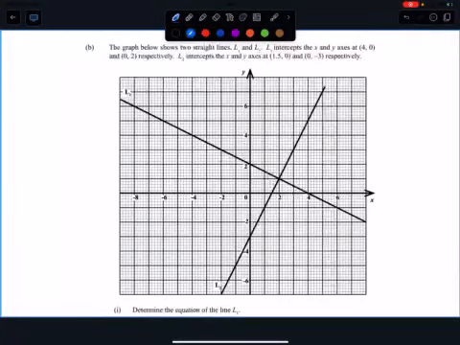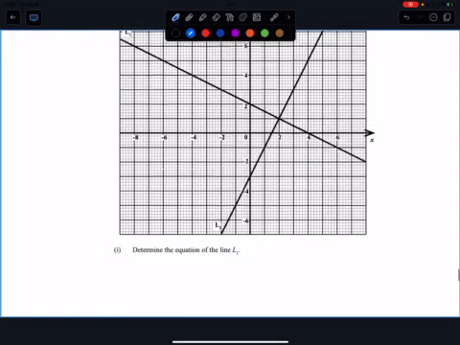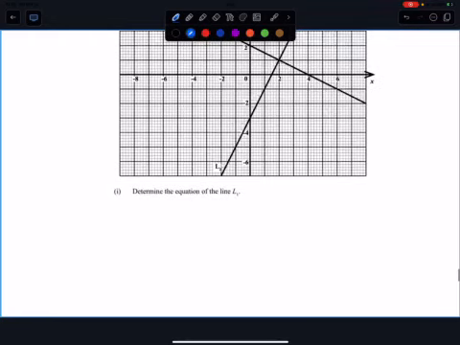Determine the equation of this line. I think we practiced this 600 times in Form 3. 600, if not 601 times. The first step is finding the gradient. How do you find the gradient? M equals y2 minus y1 divided by x2 minus x1.